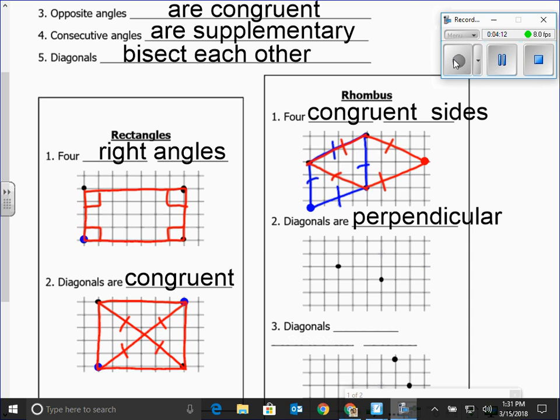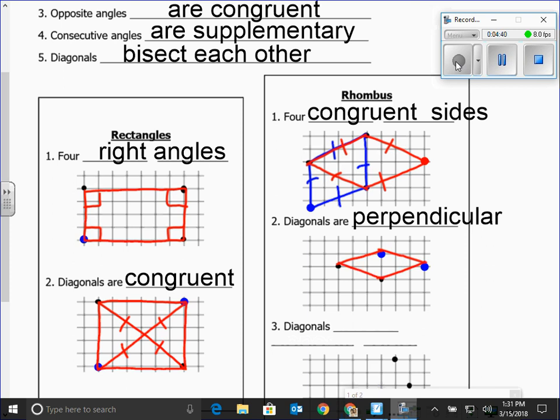Okay. All right, the next characteristic is that diagonals are perpendicular to each other. That means not only do they bisect each other, but when they bisect each other, they cross at a 90-degree angle. And then we could get our rhombus here, where the sides are congruent.